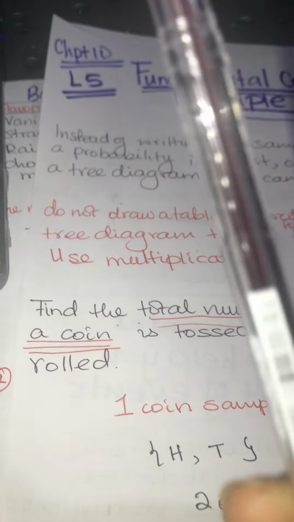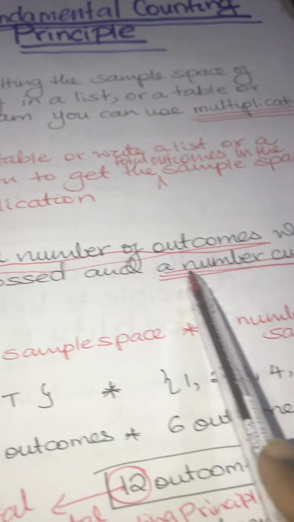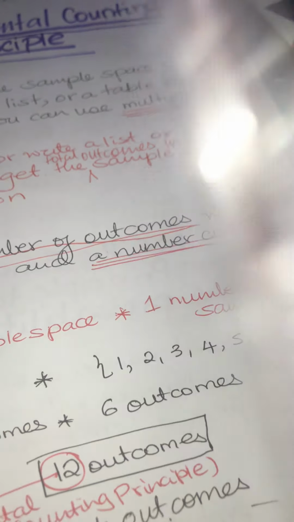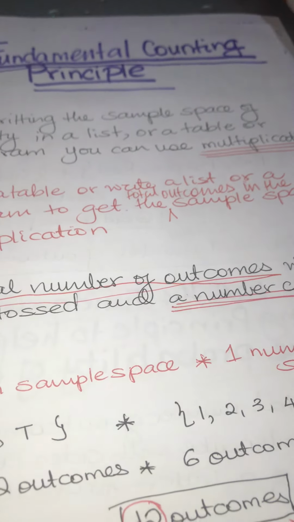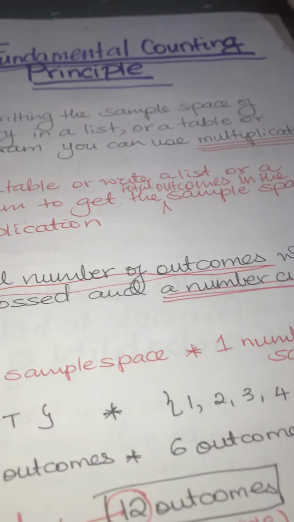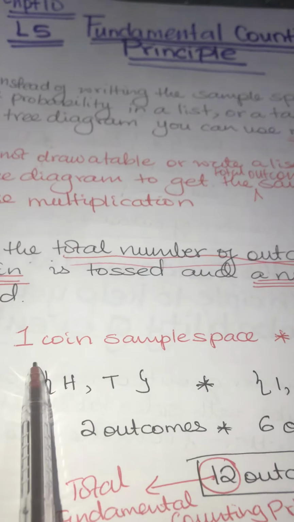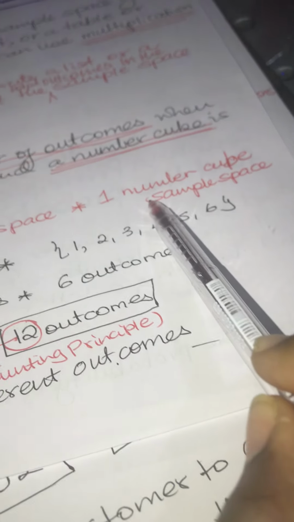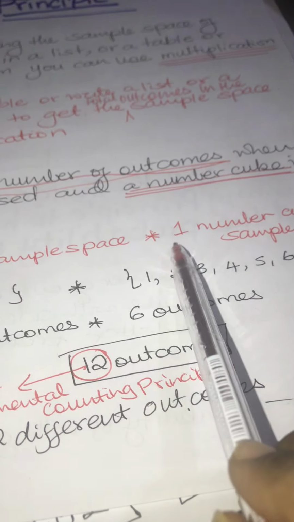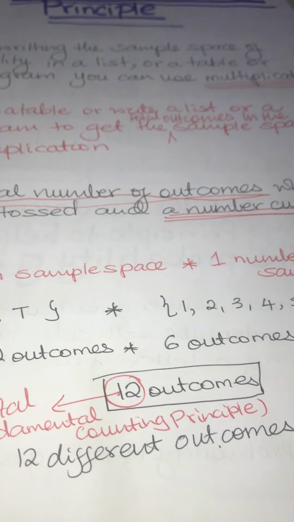A coin means one, is tossed, and a number cube, one number cube. Okay, it didn't say cubes, it said cube, is rolled. So I wrote what they want. They want one coin and they want one number cube. And we say to find our answer, we shall multiply.